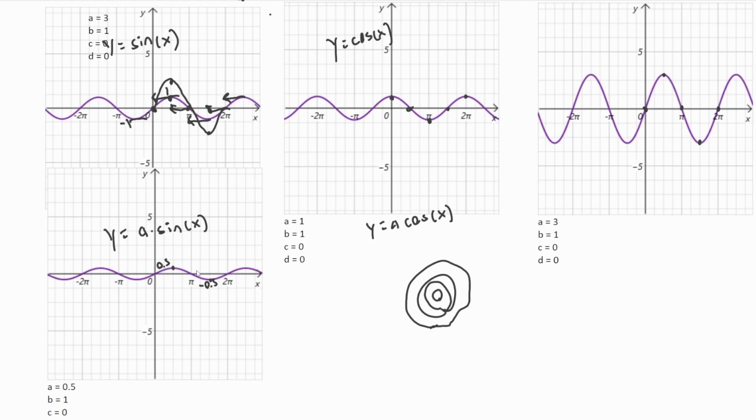So if you have values less than 1, then our similar triangles that we were making are going to actually be smaller versions. So instead of the hypotenuse being 1, it's going to be 0.5.